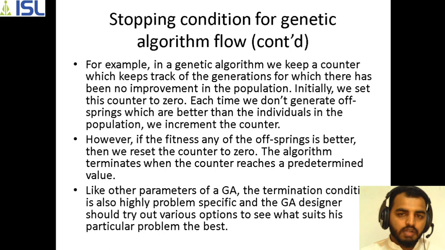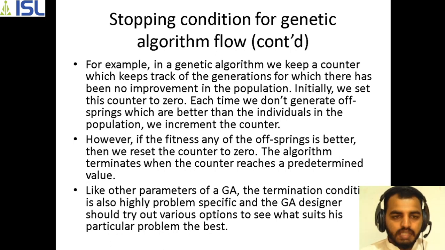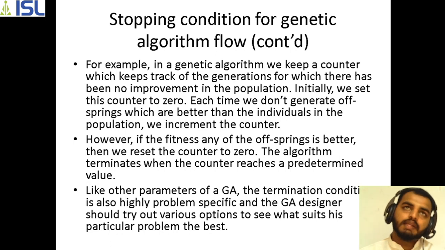Now moving forward, it says, for example, in a genetic algorithm, we keep a counter which keeps track of the generations for which there has been no improvement in the population. Initially, we set this counter to 0. Each time we don't generate offspring which are better than the individuals in the population, we increment the counter.